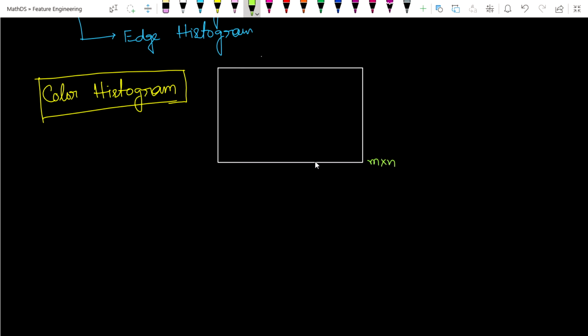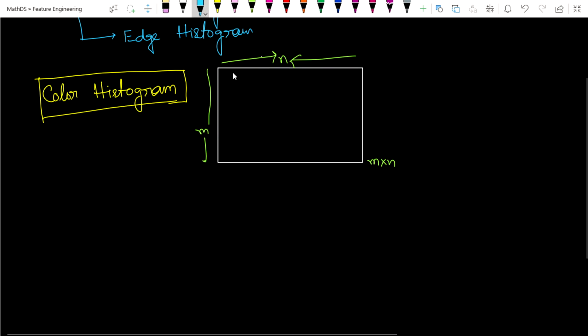Here we have M rows and N columns, and the small portions of it are called pixels. If you are a computer science student, you already know these are the pixels.